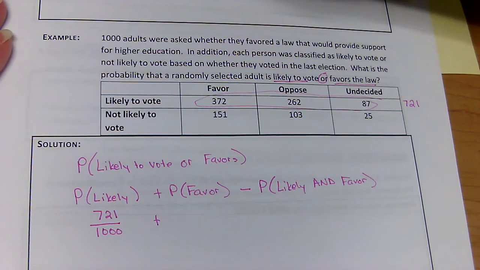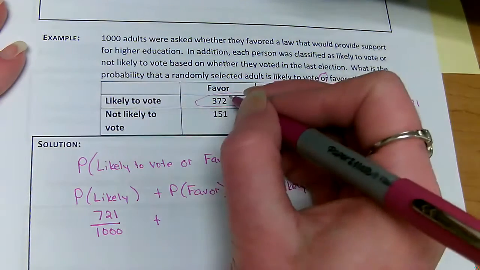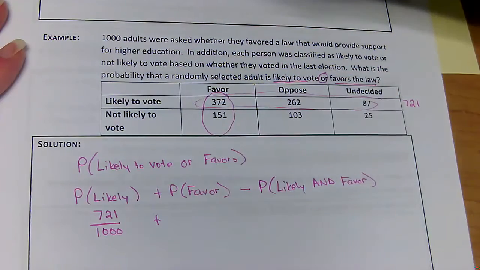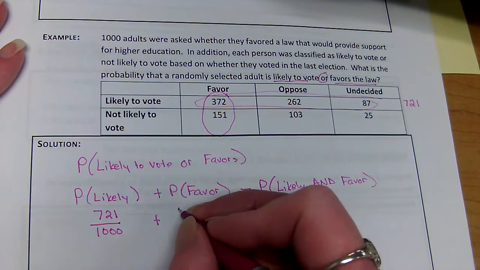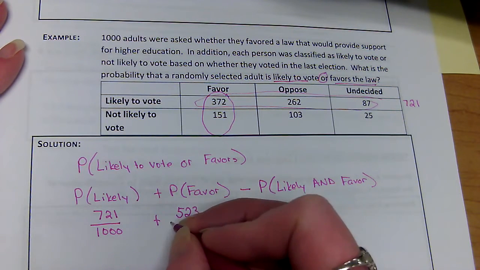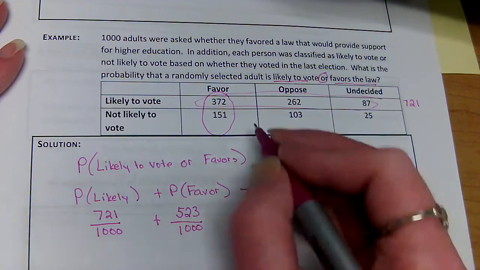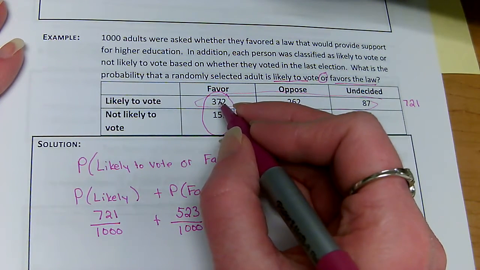Plus, the people that favored the law was this group. If I add those together, I get 523 out of 1,000.